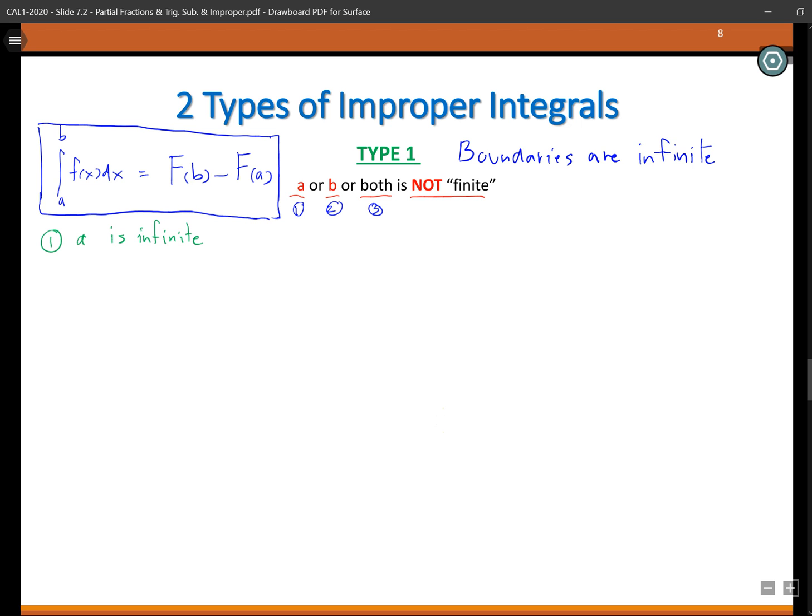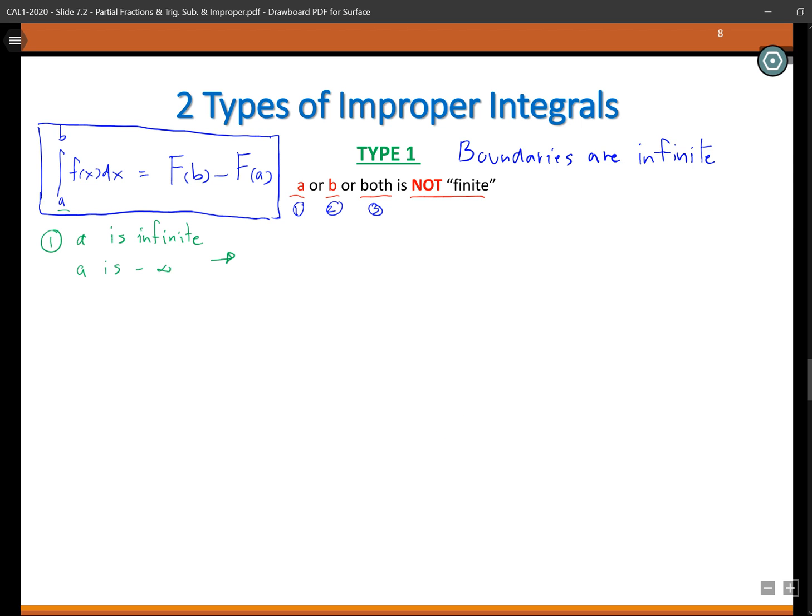Now, the first scenario is when a is infinite, and as you can see here, a is the lower bound. If it becomes infinite, it means that a is minus infinity. So let's just put this into the notation.